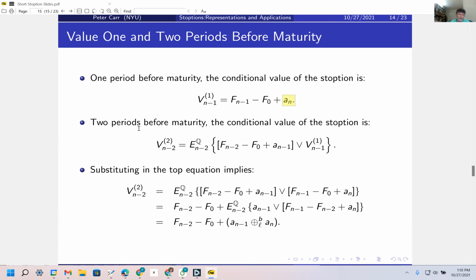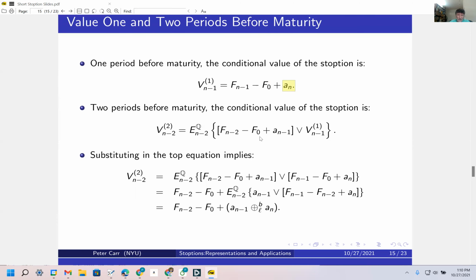So we back up one period, and now you're at time n minus 2, and you have the ability to swap the F_{n-2} minus F_{n-1} price change for A_{n-1}.